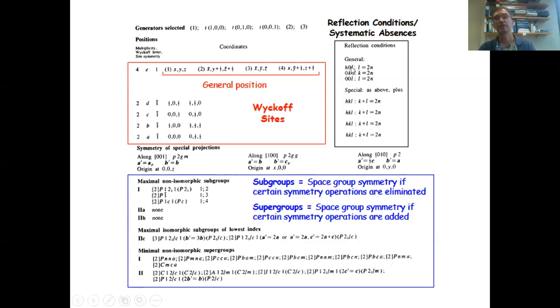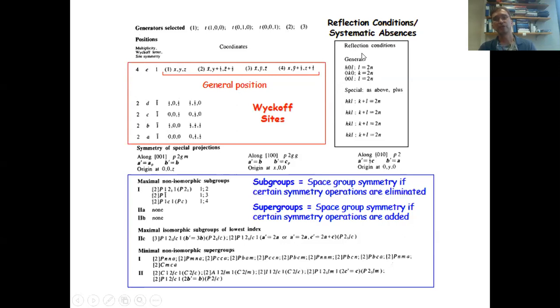K has to be 0, and H can be variable, okay? So for reflections of the form 0K0, K must be an integer number, H and L must be 0, and for 00L, L must be an integer number, okay?